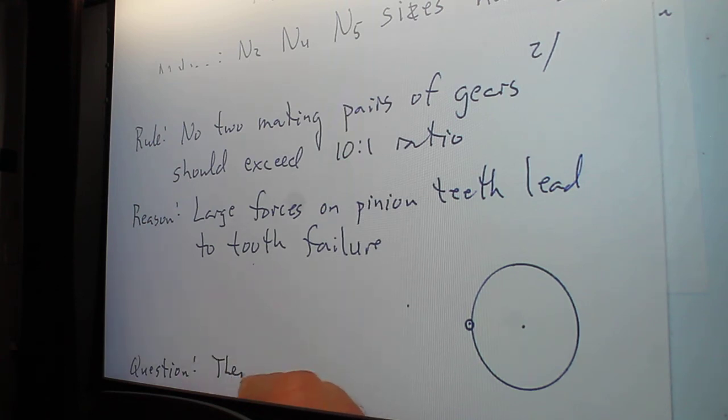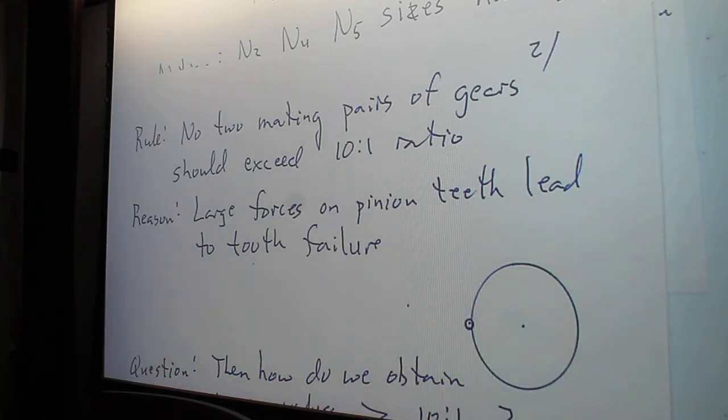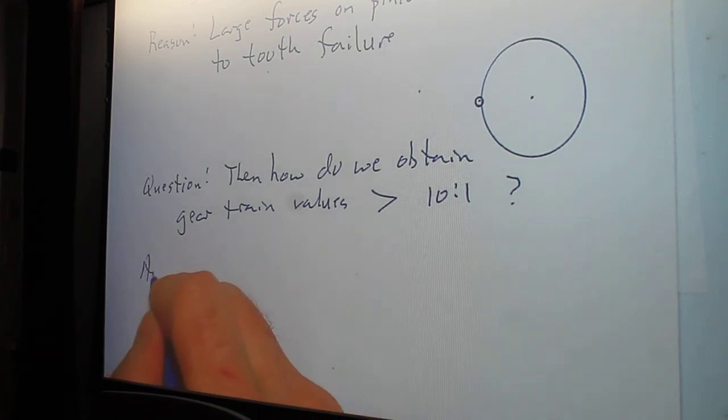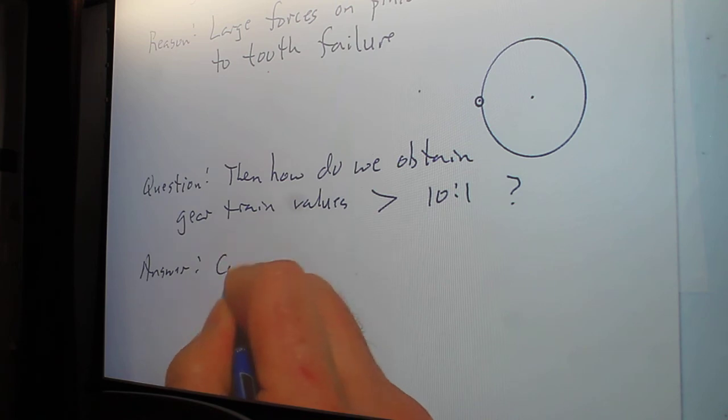Then, how do we obtain gear train values greater than 10 to 1, like on Capstone, right? The answer is compound gears.